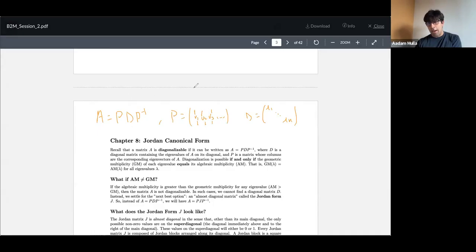Now, we're only allowed to do this in a specific case, and that's when the algebraic multiplicity of each eigenvalue equals its geometric multiplicity. So let's review what that means. When we go to find eigenvalues, we do determinant of A minus lambda I equals 0.